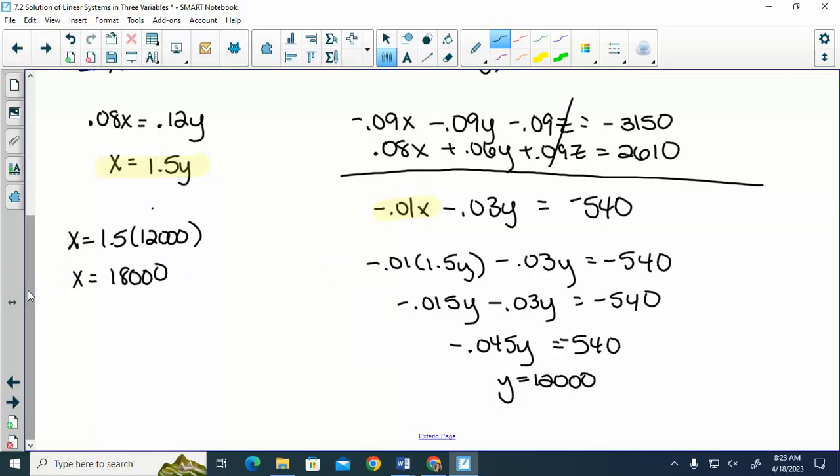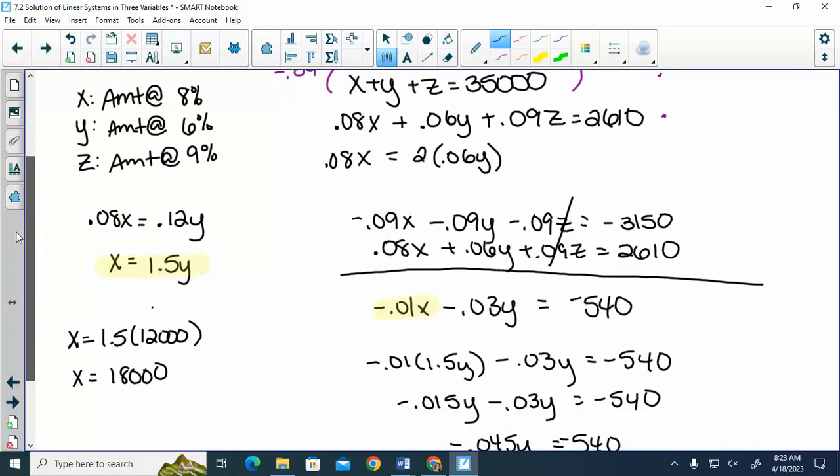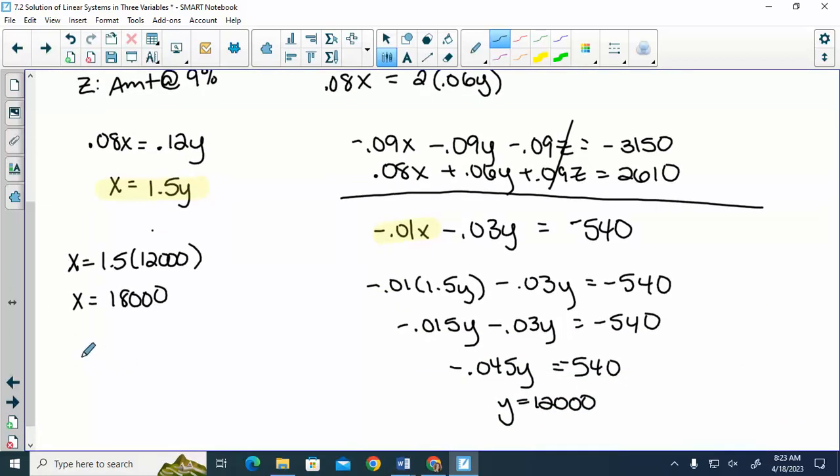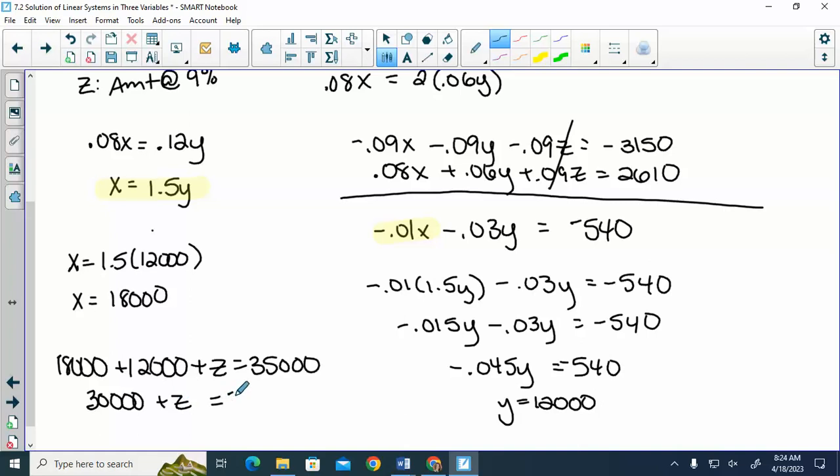And then we have x and y, so we could get z, if I just go back to the original, we know x plus y plus z equals 35,000, so z is 5,000.